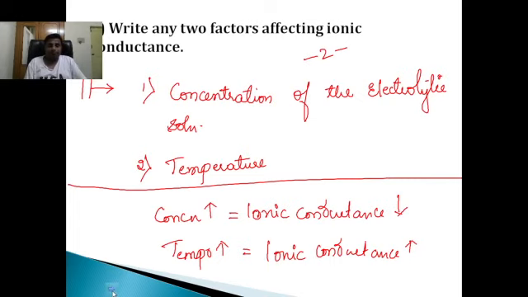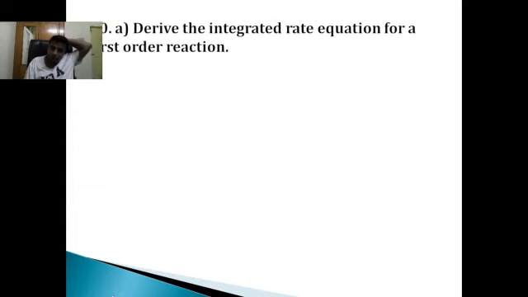Simple. So this completes 3 full questions from solids, solutions and electrochemistry. Now, next questions might be from chemical kinetics. Of course it is. Derive the integrated rate equation for first order reaction. Among 0 order and first order, one question is compulsory for 3 marks.